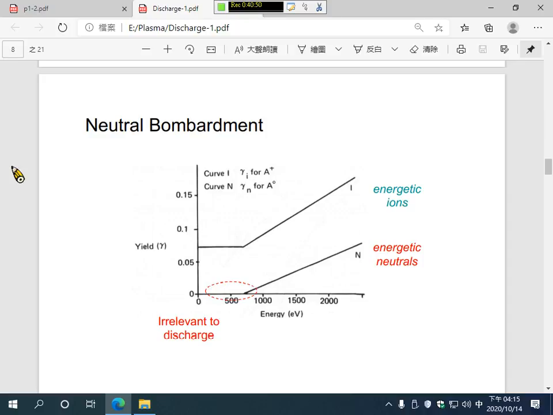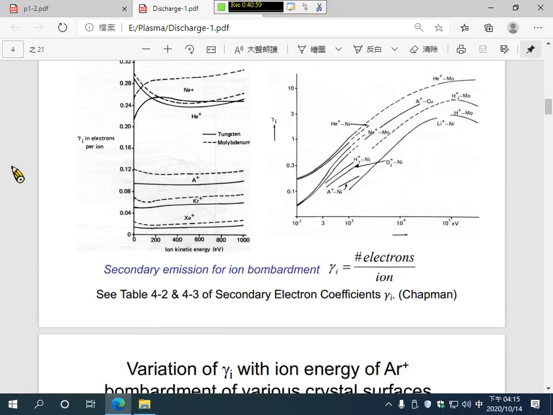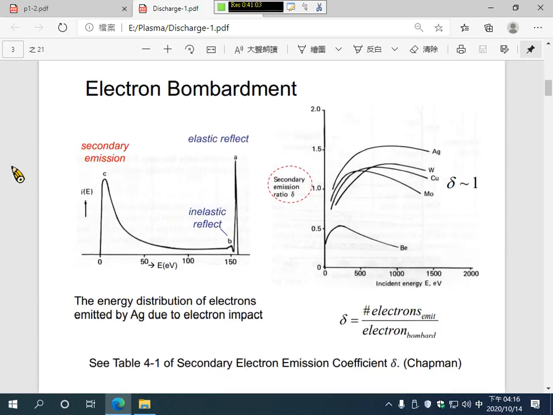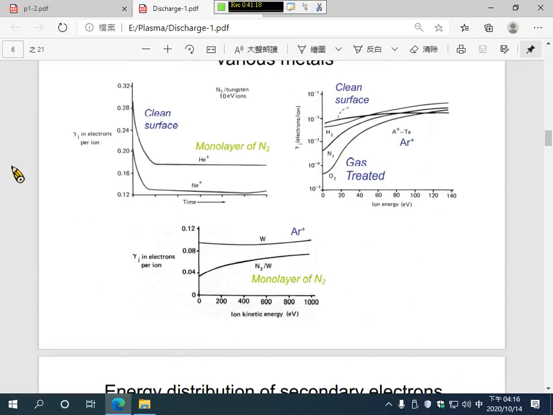So there are different species in plasma, and we can find out that the electron emission yield is highest in electron bombardment, and then ion bombardment, and then neutral bombardment.